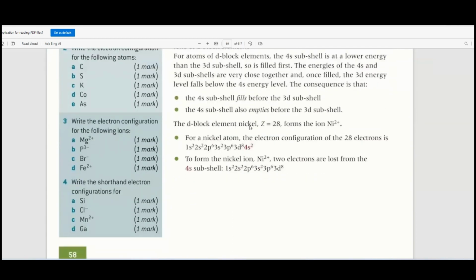The D block element nickel, with Z equal to 28, so atomic number 28, forms the ion Ni2 positive. So it loses two electrons. Wait, the 4s empties before. So if it loses an electron, it will lose from 4s, not 3d. It will lose from 4s because 4s is the highest energy level right now.